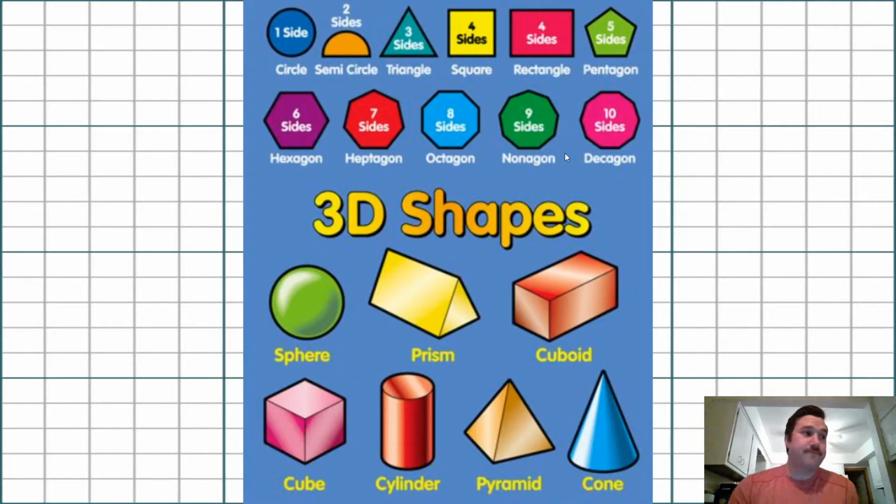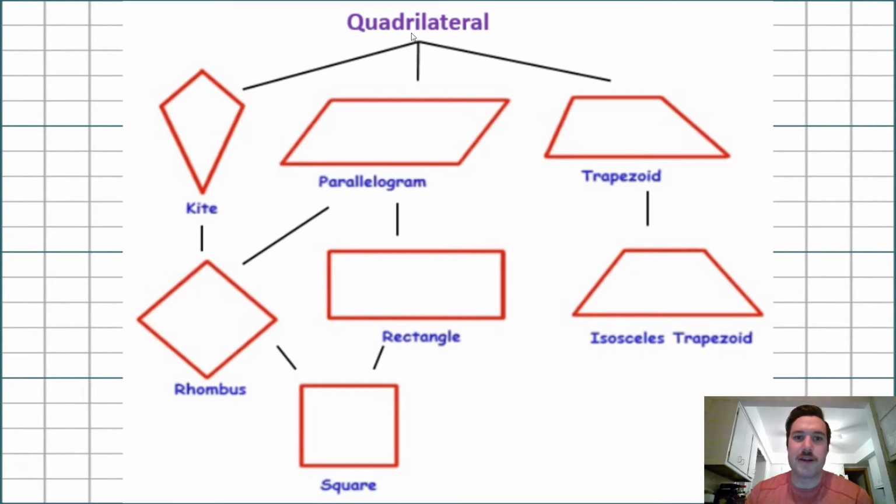So, we can classify a shape by the number of sides. Any shape that has 3 sides will be a triangle. Any shape that has 5 sides will be a pentagon. Now, any shape that has 4 sides, that's tricky because there's actually a lot of specific shapes that have 4 sides. And we call those quadrilaterals.